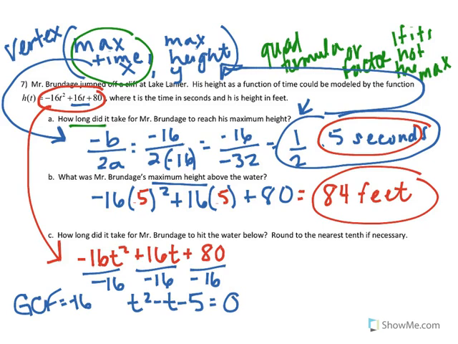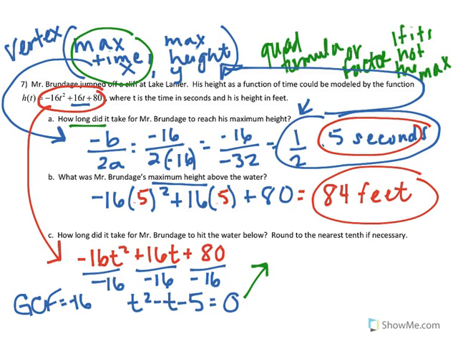So I'm looking at this and I'm trying to find a number that multiplies to get to negative 5, but then adds to get to negative 1. And I can't come up with anything. I'm stuck. So what should I do? I should move on to my quadratic formula.